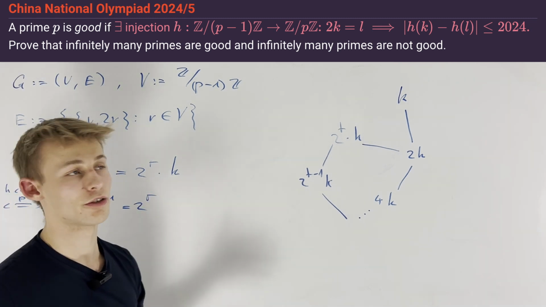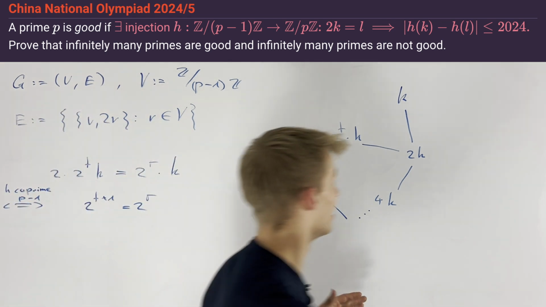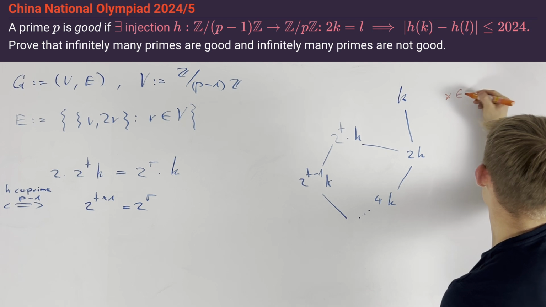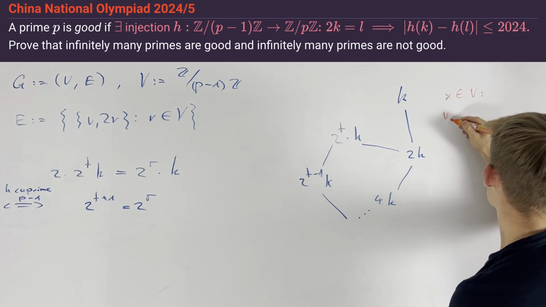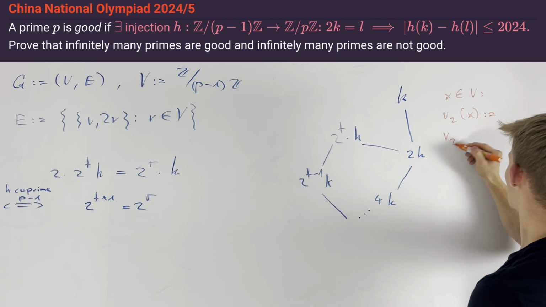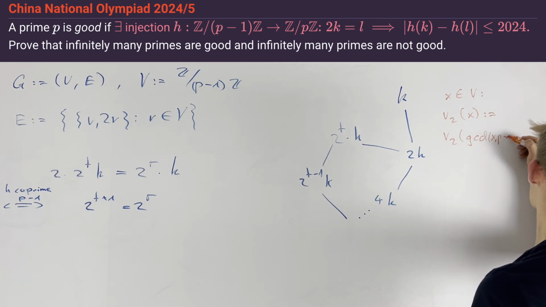We want to have a notion for how many times an element x in V is divisible by 2. And therefore, we use the definition that for x in V, nu2 of x is defined as nu2 of the greatest common divisor of x and p minus 1.